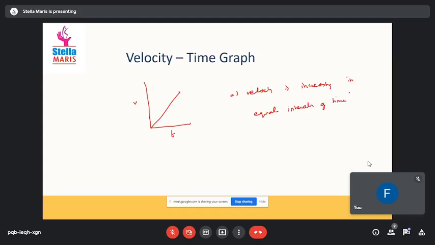It is correct, Disha. Up to 50% it is correct. What you said is 50% correct. Which 50% is this one? Equal intervals of time. But another thing is there.